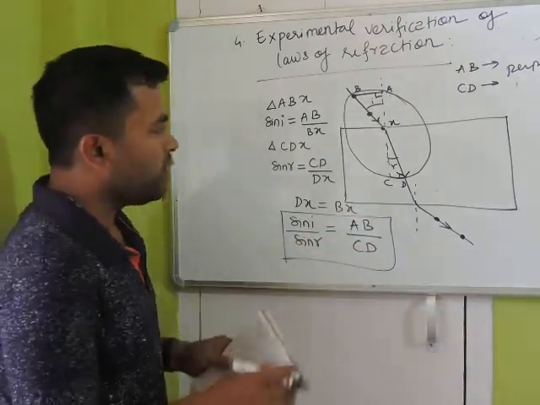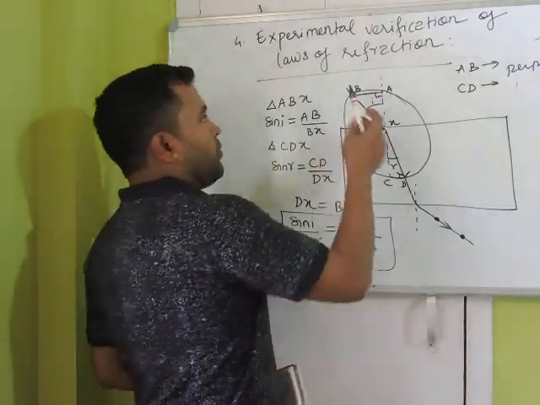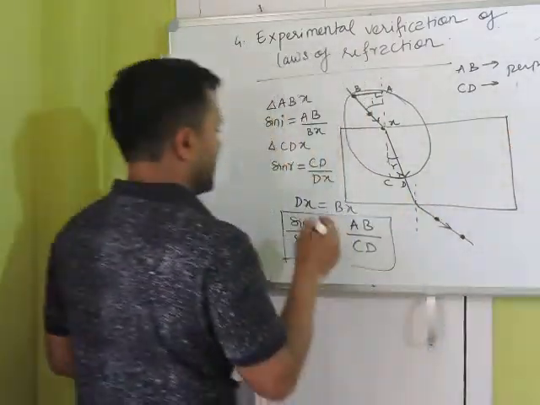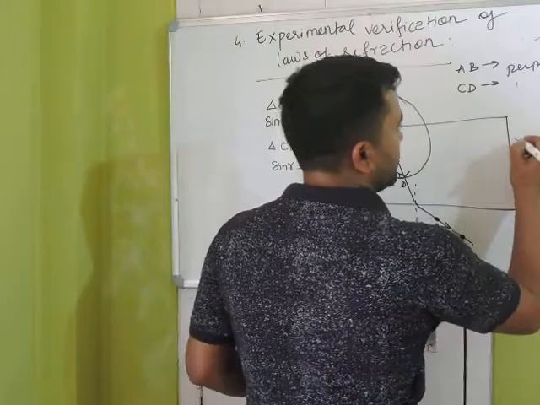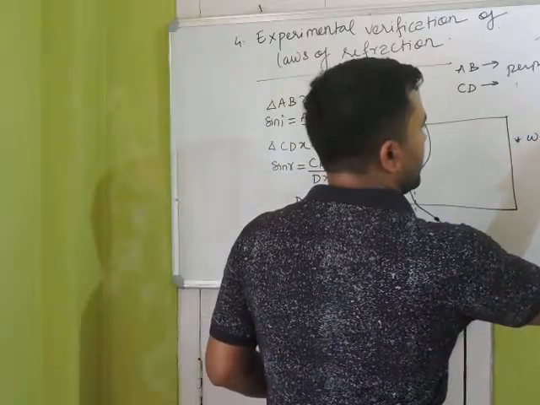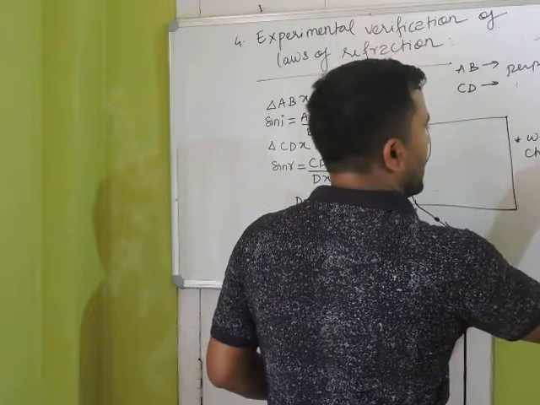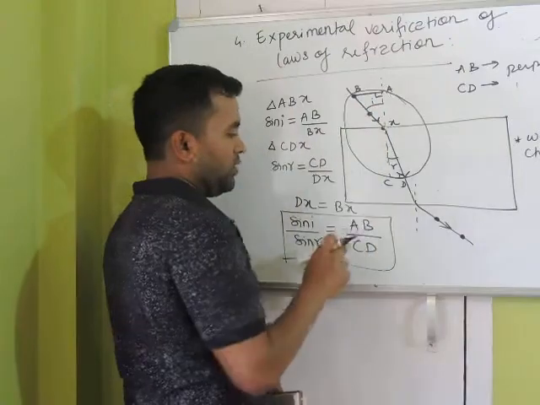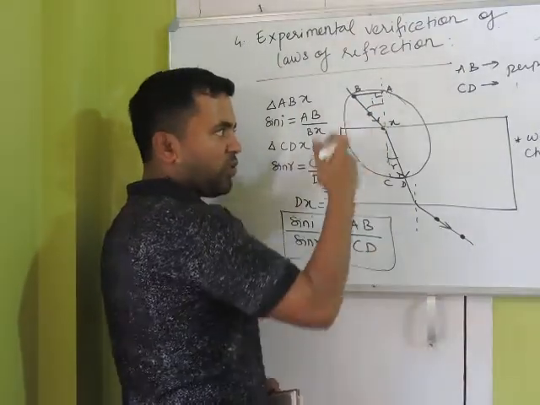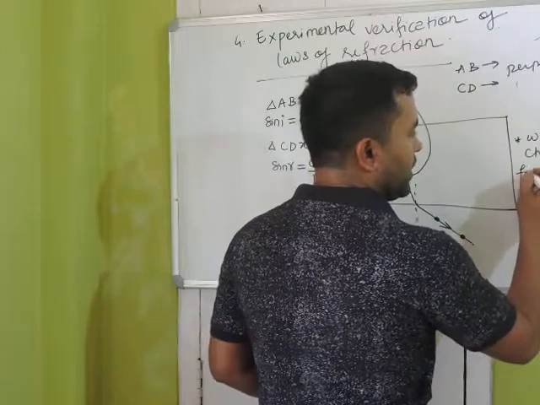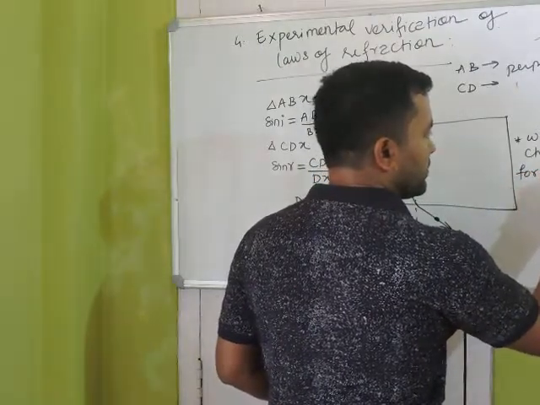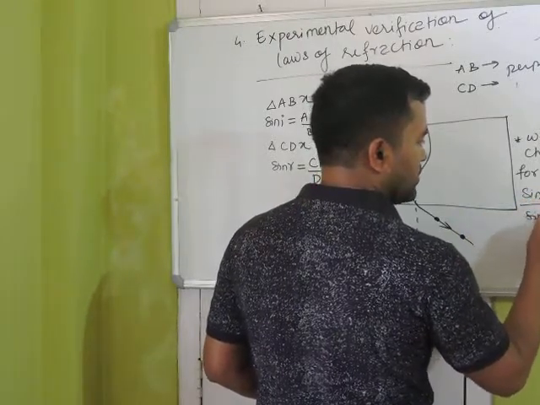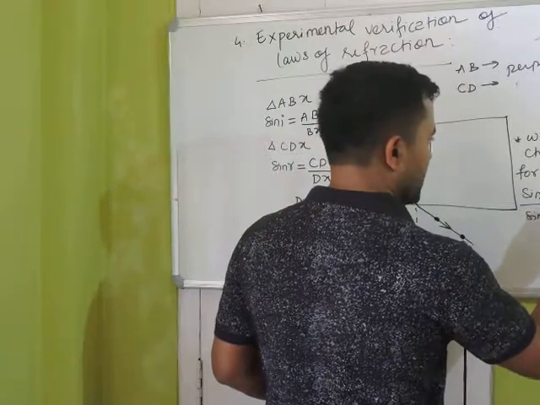So we'll make a table, and for different angles of incidence, in this experiment we'll change I. If we change I, we know that AB and CD will also change, and for different I we'll calculate sin I by sin R equal to AB by CD.